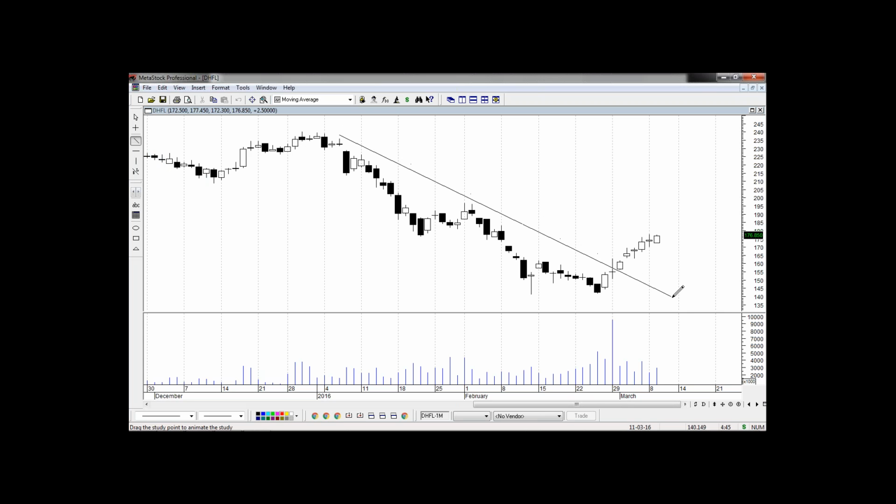As you can see, the stock had given a buy signal on the charts. Again, as you can see, this is the line where earlier the stock found its bottom. The line is somewhere at, I guess, 176 rupees.